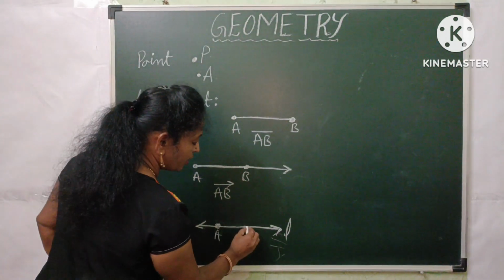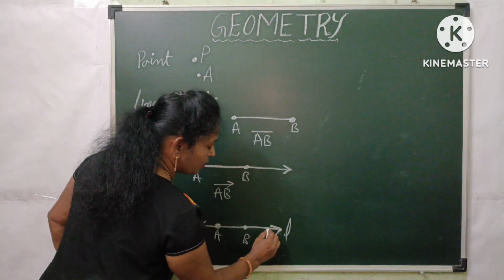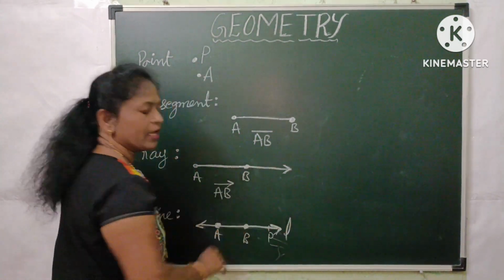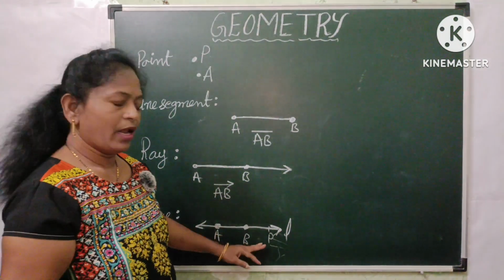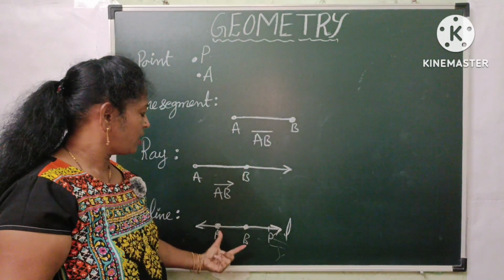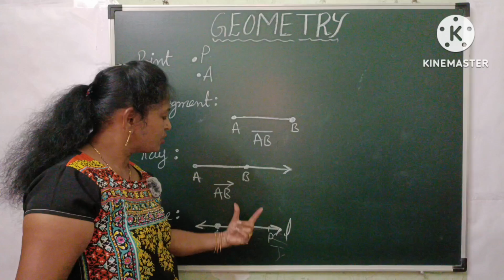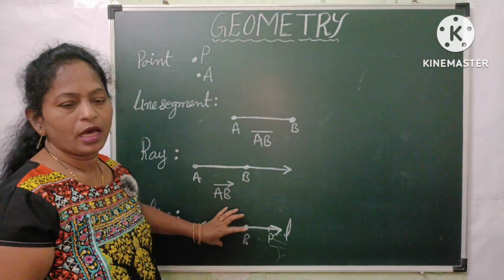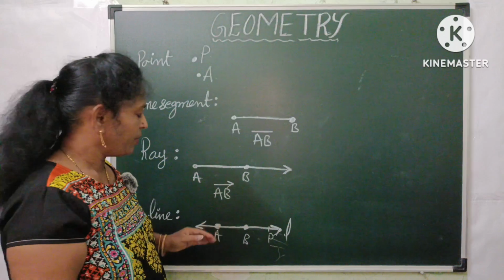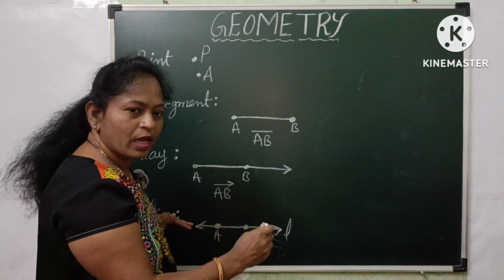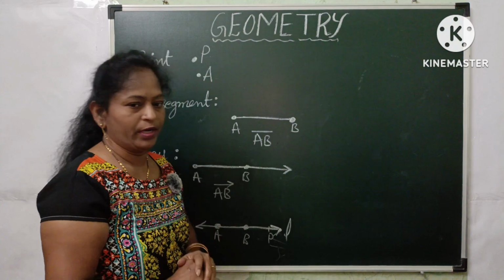And suppose B to P here, this is a ray. A ray is on the line, and a line segment is also on the line. But we cannot measure the length of the line, because we extend it endlessly on both sides. It does not have a starting point or an ending point.